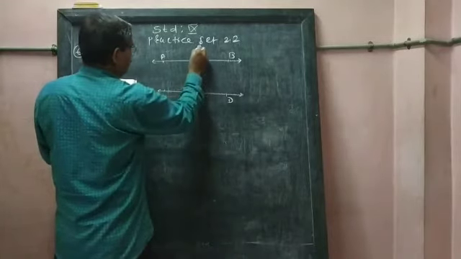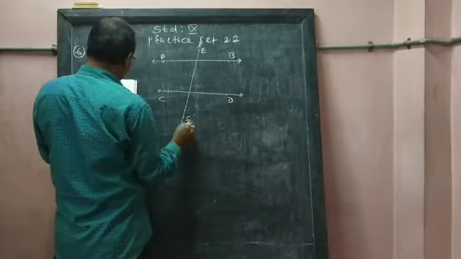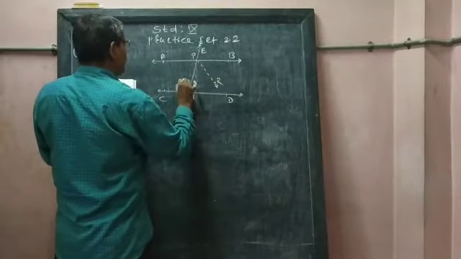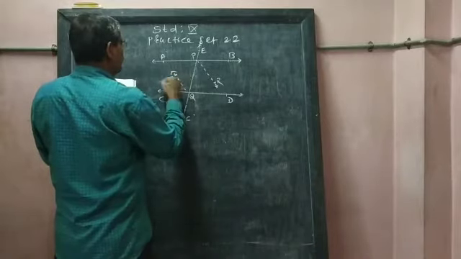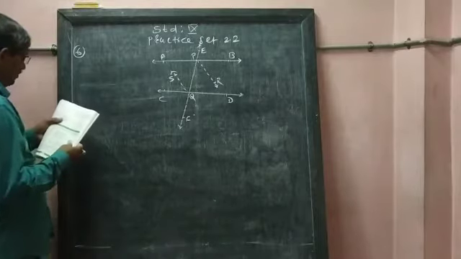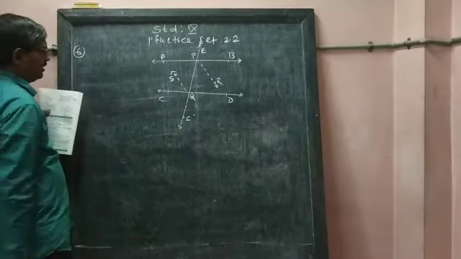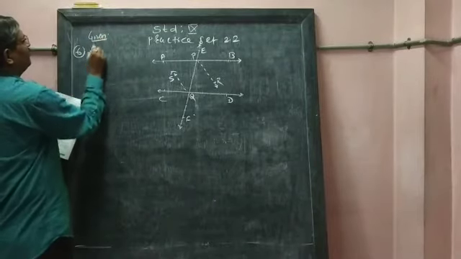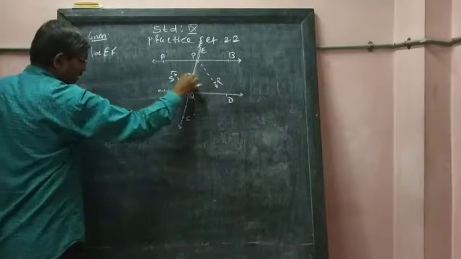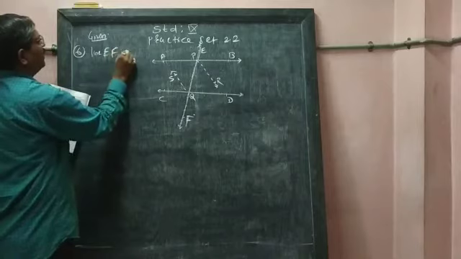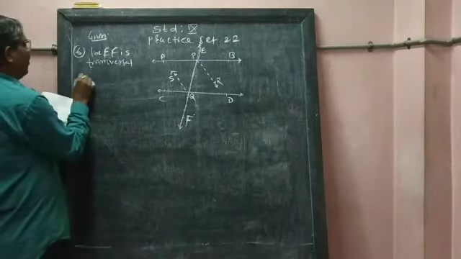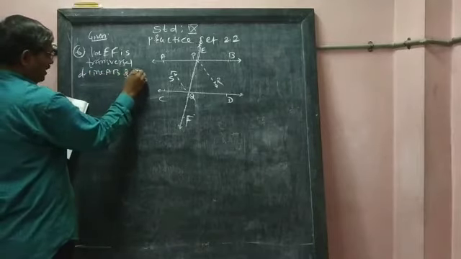Here E, here F, here Q is given, this is P, R, and here S is given, QS is given, A, P, B. Now we should write what is given: line EF is a transversal of line AB and line CD.